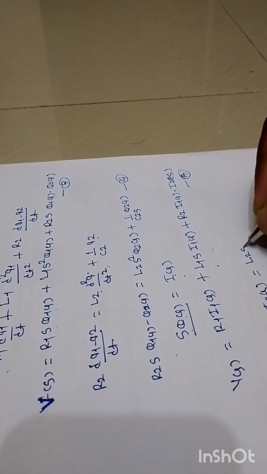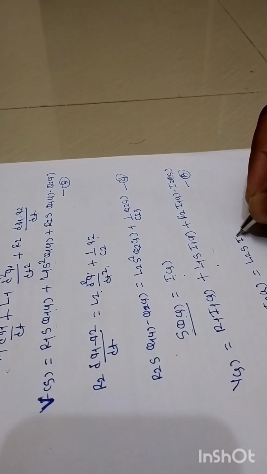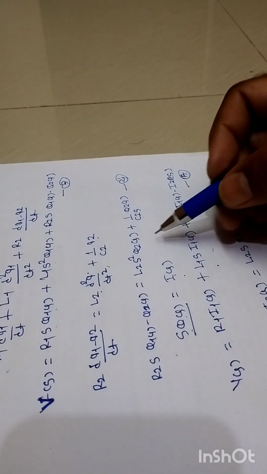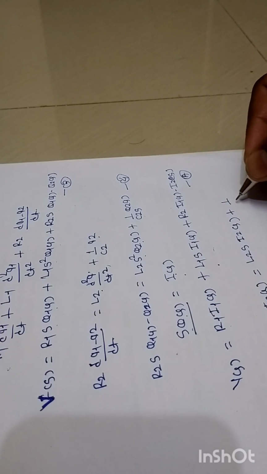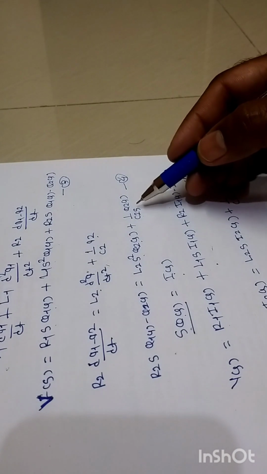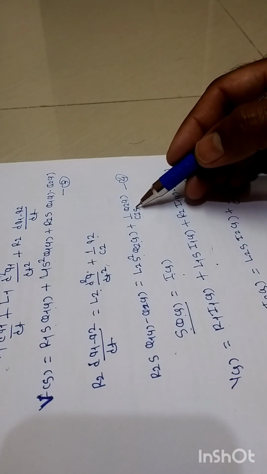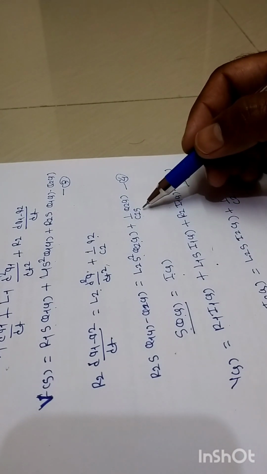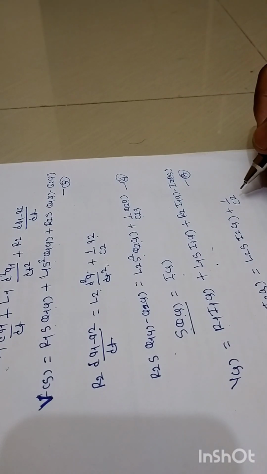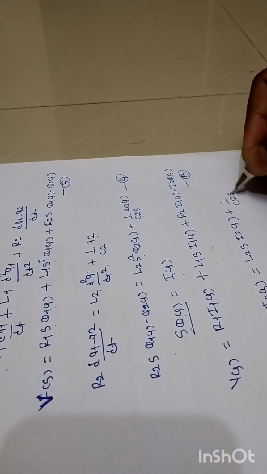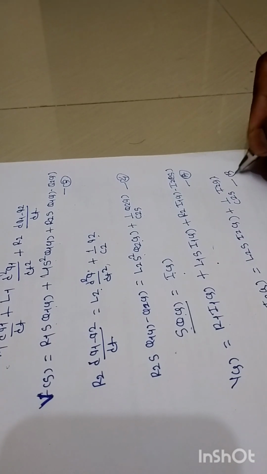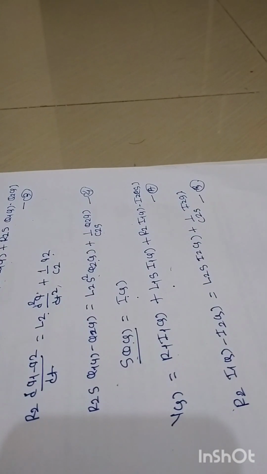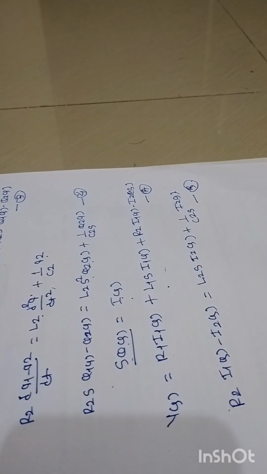So it will become L2 into s times of I2 of s, because it is s into Q2 of s, plus 1 over C2, sorry, here we don't have this s term, sorry, so it will become 1 over C2 s into I2 of s. This will be the equation number capital B, right?